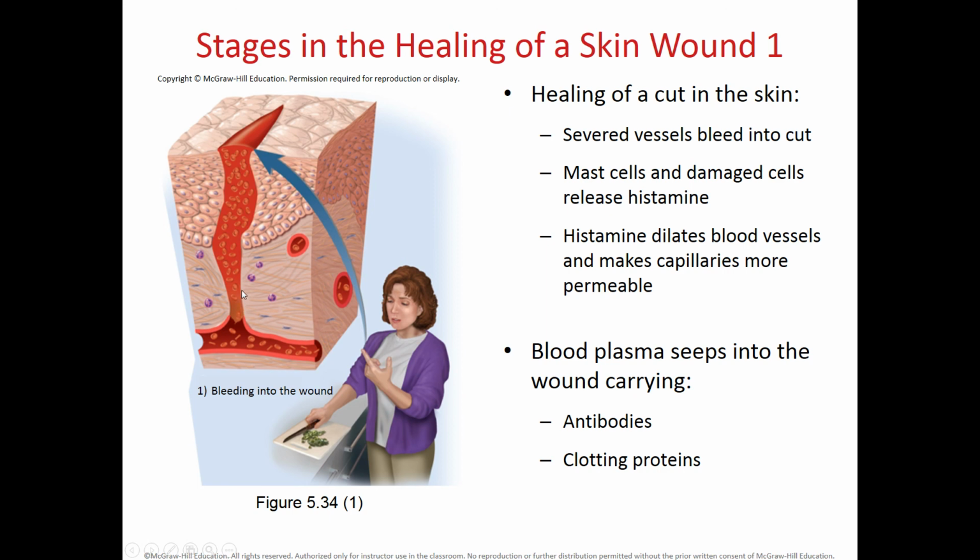And you will release mast cells into this wound that were first in this blood vessel. Then these mast cells and the damaged cells will release a chemical known as histamine. This histamine is going to dilate the blood vessels and make the capillaries more permeable so that they can bring into this area more nutrients, amino acids, or growth factors so that you can start healing the wound.